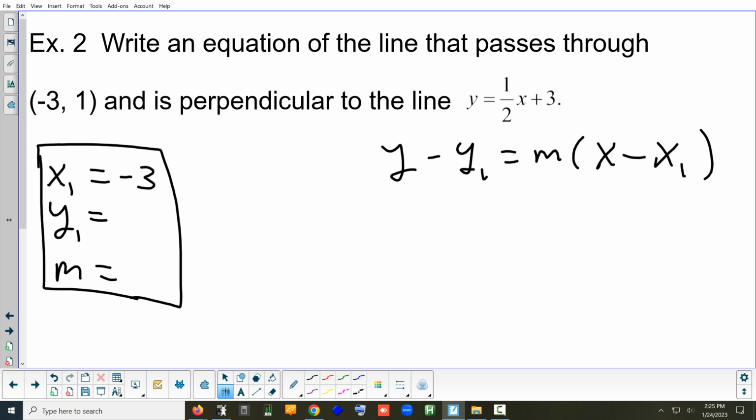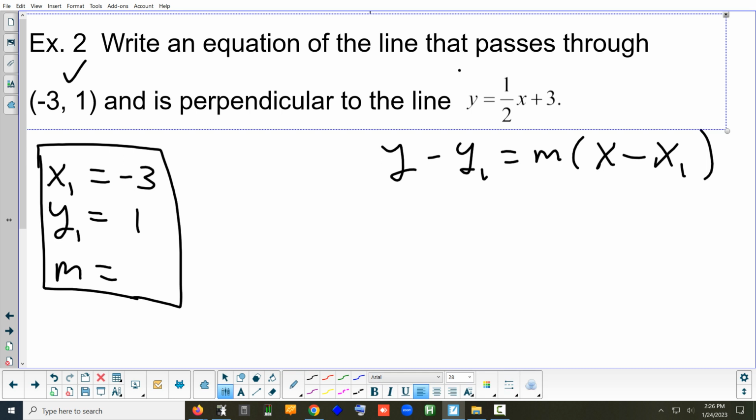Anyone think they know what the y1 is? Tirza? 1. It's the number after the comma in the coordinate. Now the m. You've got to be a little bit careful with the m. Got the x1 and the y1. So you've used the coordinate. There's nothing else you need to do with the -3 and the 1.